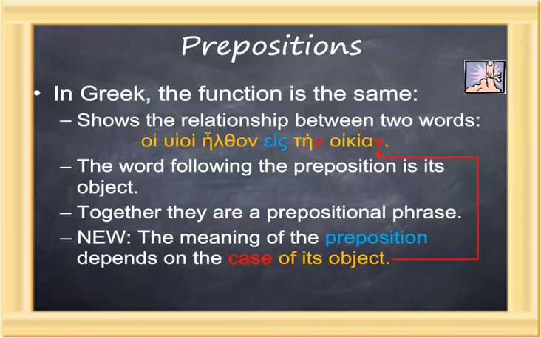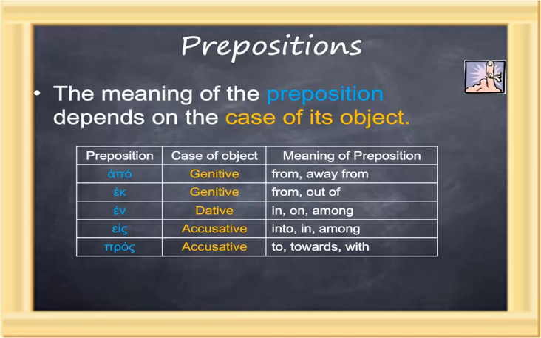What's new about Greek is that the meaning of the preposition depends on the case of its object. Eis means to or into because it's followed by the accusative. These five prepositions only govern one case, so they are easy to learn as vocabulary.